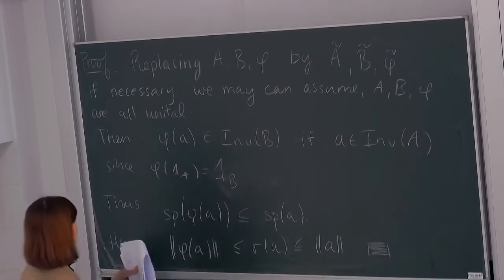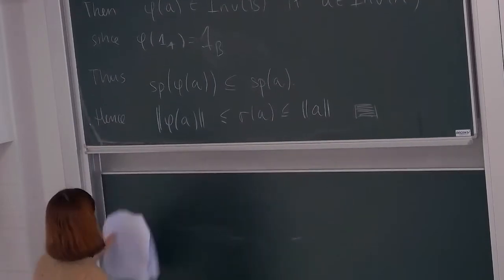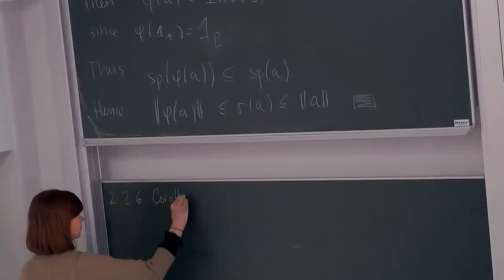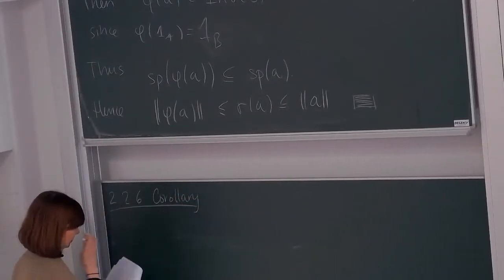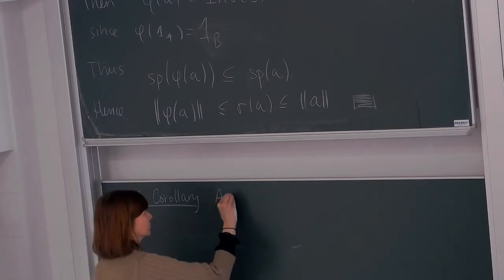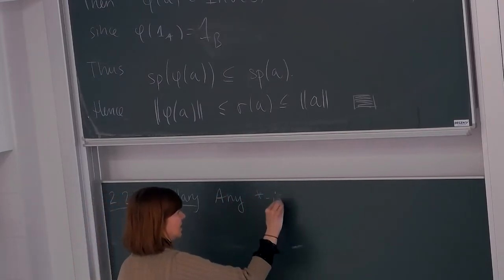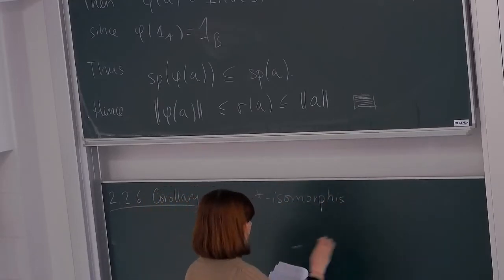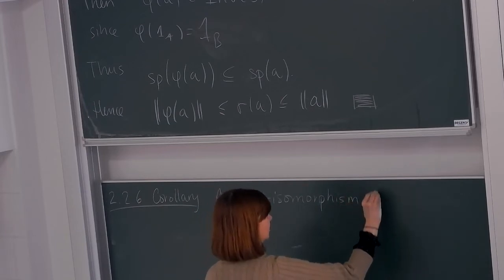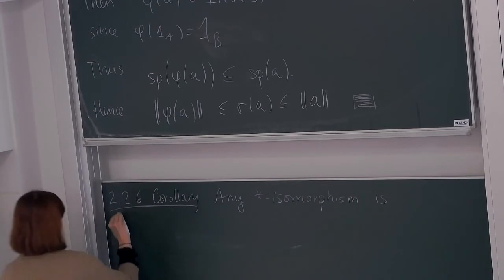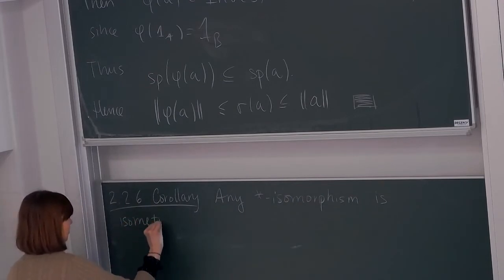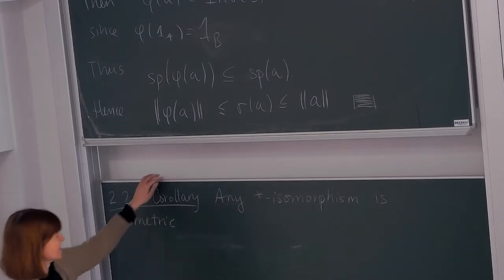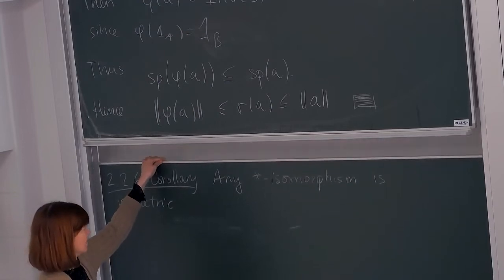And as a corollary, any star isomorphism is automatically isometric. Which again is something you wouldn't necessarily get if you were not in the context of a C-star algebra.